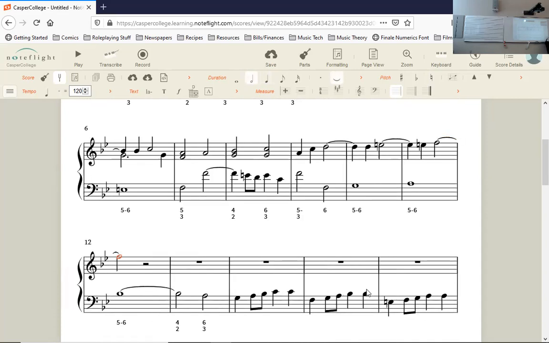Because we've got the 5, 6 pattern going up there. 5, 6, 5, 6, 5, 6, 5, 6. That's our 5, 6 sequence. But since we're about to go somewhere else, we'll continue.